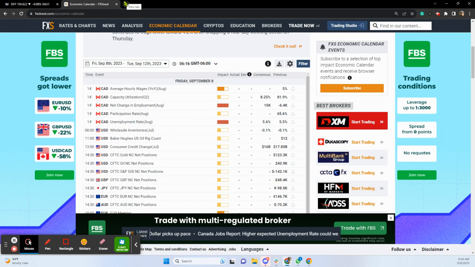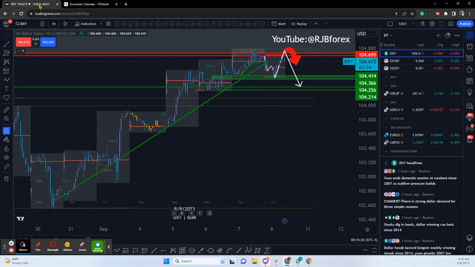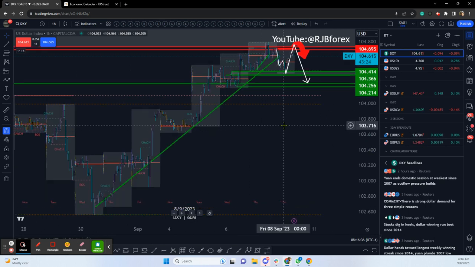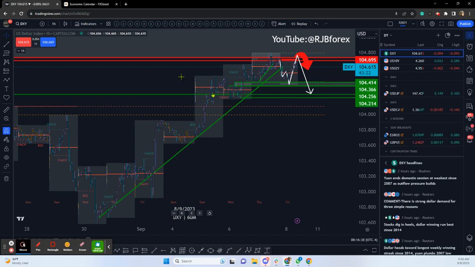So we have a calendar event free day, which is nice, so we can just concentrate on price action and market structure.